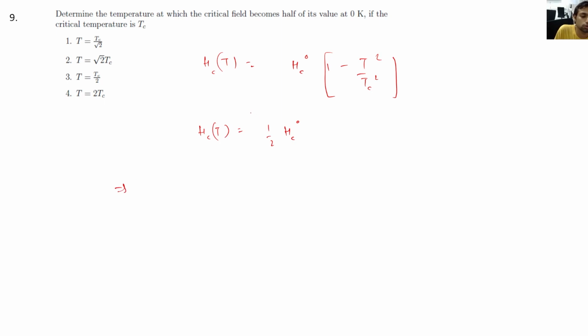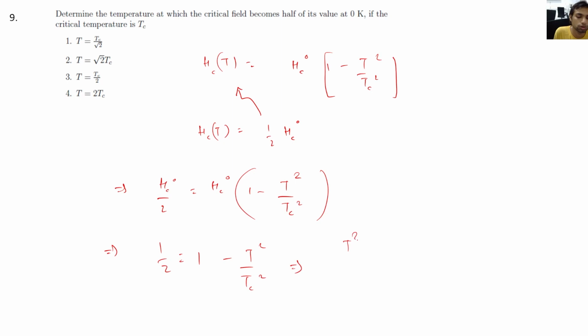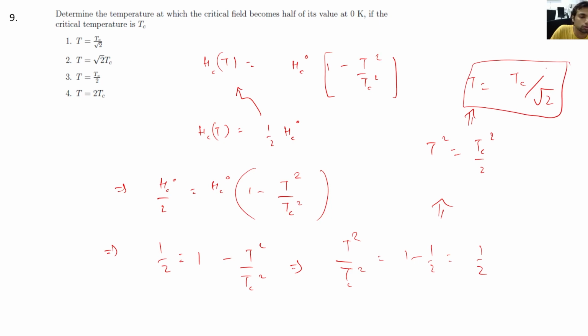So we substitute: Hc0 by 2 is equal to Hc0 into 1 minus T square over Tc square. This will cancel, so 1 by 2 equals 1 minus T square over Tc square. So T square over Tc square is equal to 1 minus 1 by 2, equal to 1 by 2. So T square equals Tc square by 2, which gives T equal to Tc by square root of 2. So this is the correct answer.